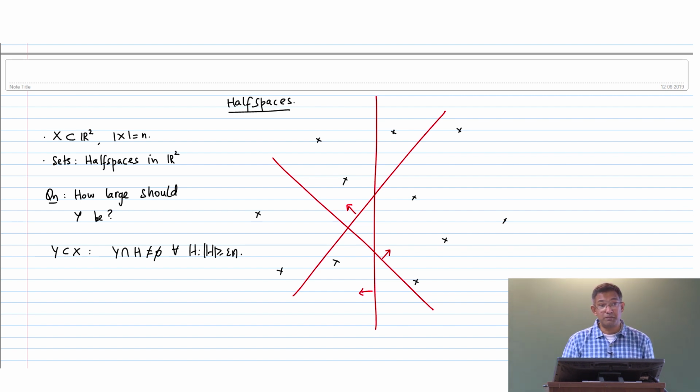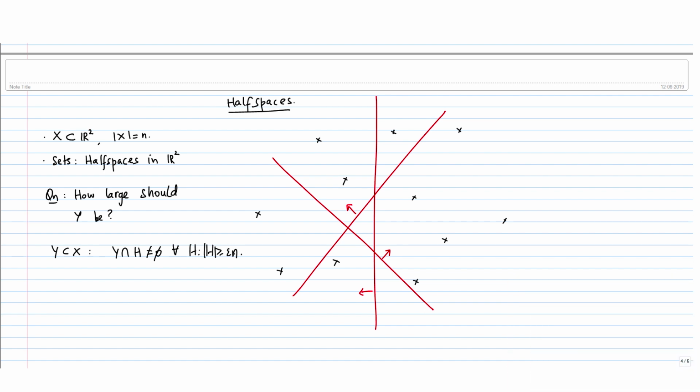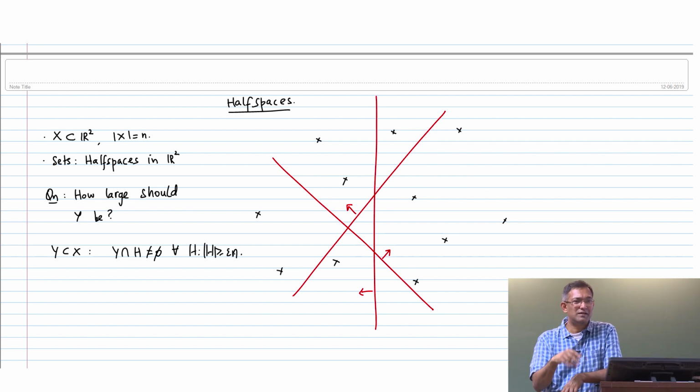And you can immediately see applications, right? For example, if you have points in the plane and you have a query and I want to know if there are any points in your input set that are in the half space, and I want to build a data structure, but your data structure can make mistakes, right? So if you have a million points and your half space contains 1 point, then you can say, okay, it doesn't contain any point.